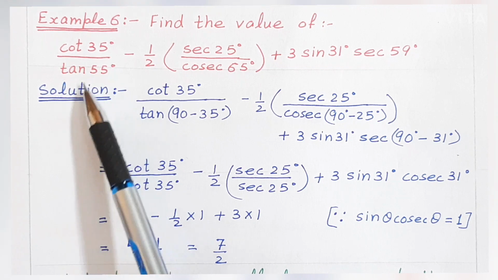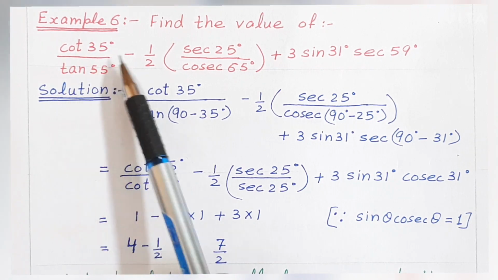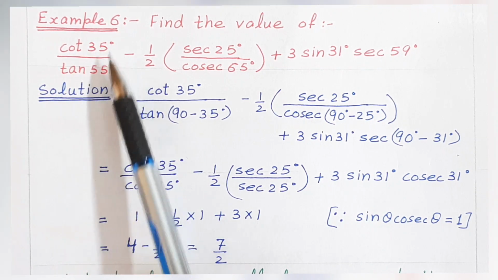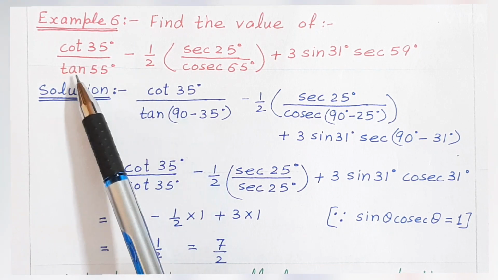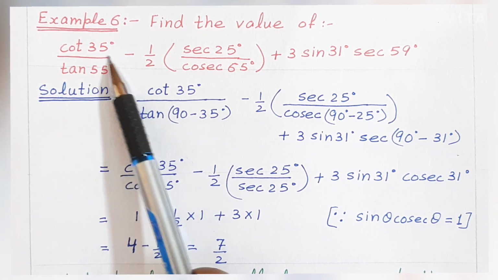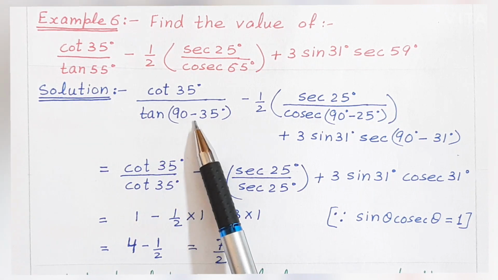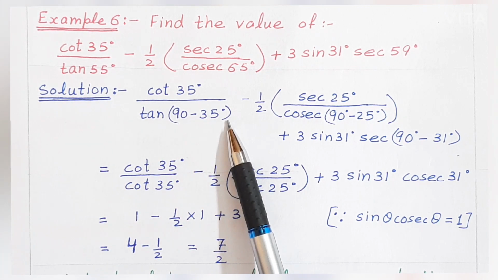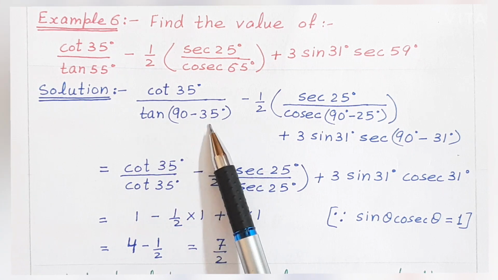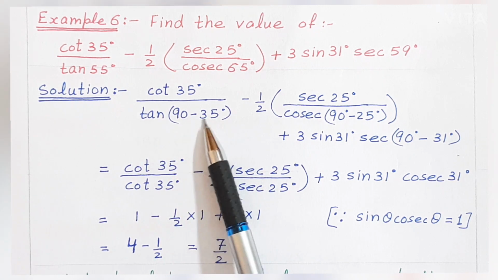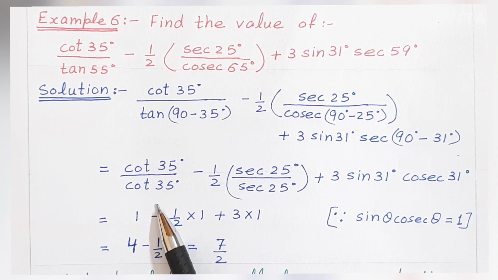Let's change either one. So here cot 35 degree as it is. Now tangent 55. Now what is 55 here? 55 is 90 minus 35 degree. Clear? So tangent 90 minus theta is cot theta. So it is cot 35 degree.